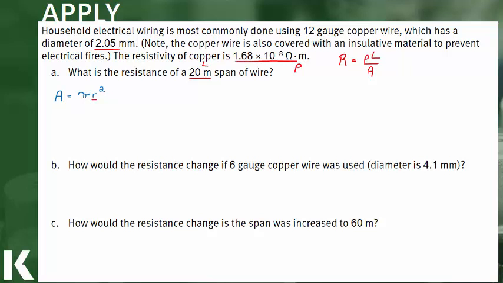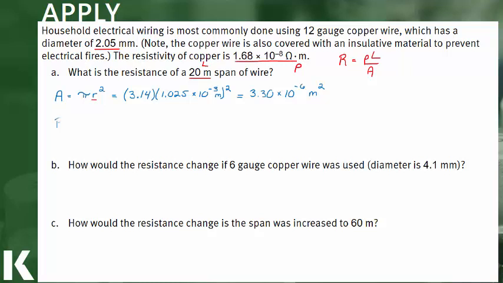Also note that all of our units here are in meters, so we would need to convert that, which would now be 1.025 millimeters into meters. So that's why we have 1.025 times 10 to the negative 3 meters. And when we crunch the numbers, we'll get our cross-sectional area of 3.3 times 10 to the negative 6 meters squared.